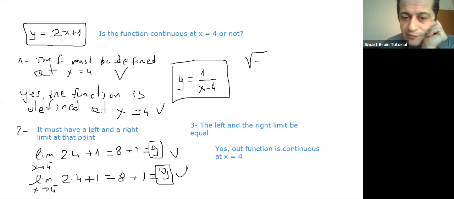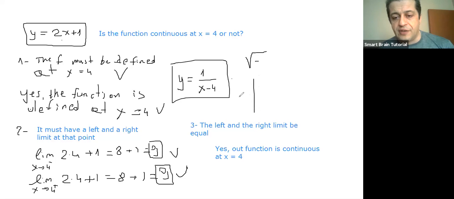Only if I take this function here, this function is not defined at x equal to 4. So this is the reason why this function is not continuous. It has a breaking point. The graph of this function may be like this, for example, it can be here, this one and this one. So here we have a breaking point.